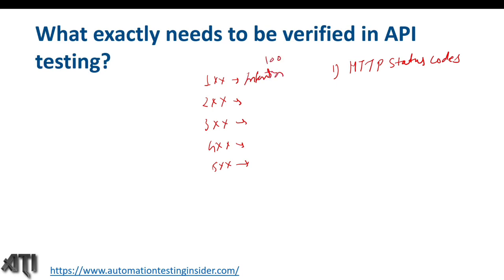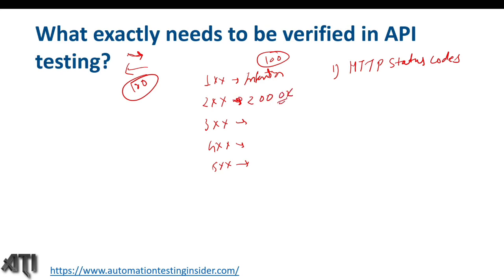Take an example like 100. When we send the request and get a response like 100, we are getting the response from a server in the form of HTTP status codes as part of API testing. 100 is for continue. The 200 series, or 200, is for okay.